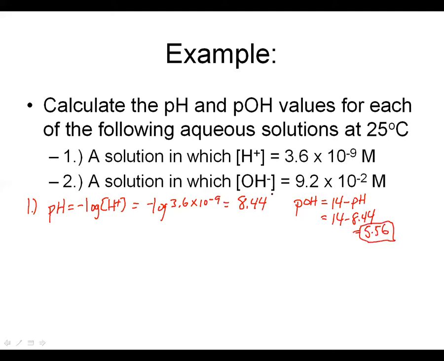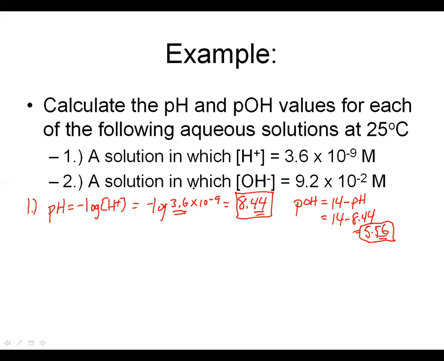Now, a couple of things, as we also talked about last time, in terms of how far to take our pH and pOH reading, it is based off of our concentration. That's two significant figures, which gives me not two significant figures, but two decimal places. Same thing over here, we would have our two decimal places as well.